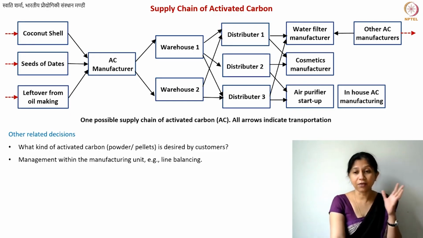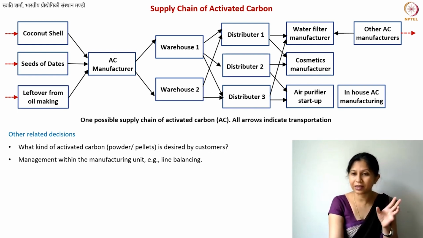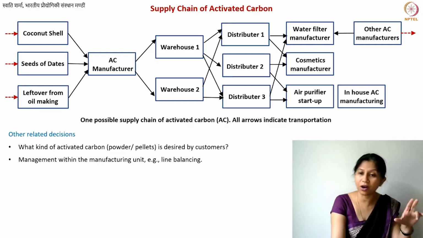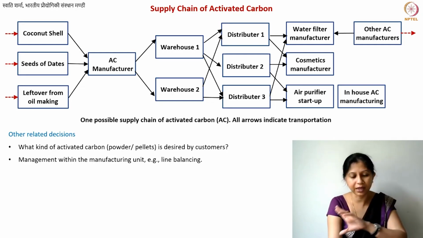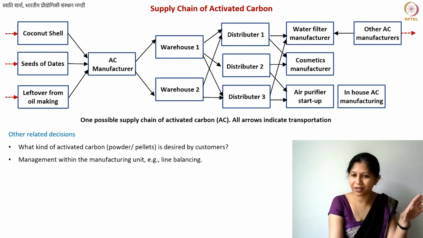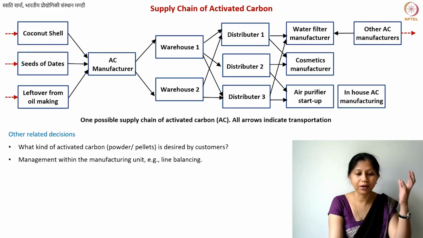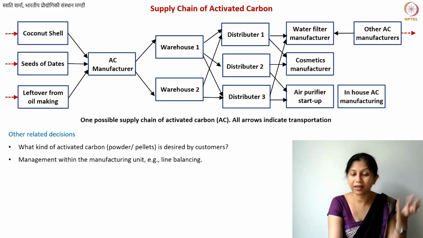Okay, now what I have not discussed is what is known as line balancing, because that is a part of the manufacturing itself. So line balancing is another related factor, and you need to think of the decision. Line, basically your production line or assembly line, describes the different steps of manufacturing. So for example, cleaning the coconut shell, and then optimizing their weight, and then placing them in a certain type of furnace.